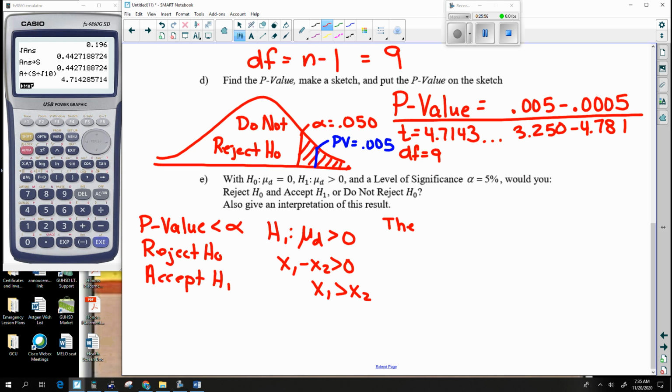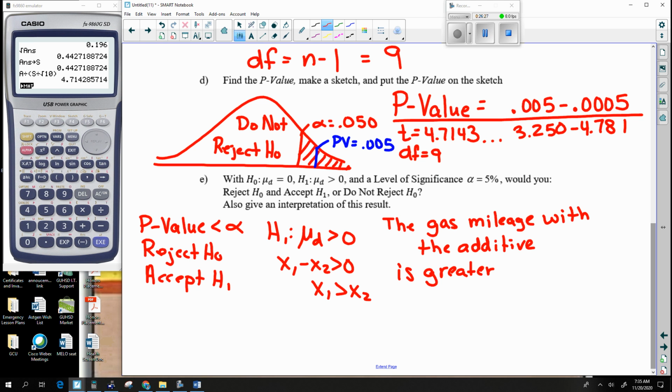So the gas mileage with the additive is greater than the gas mileage without the additive.